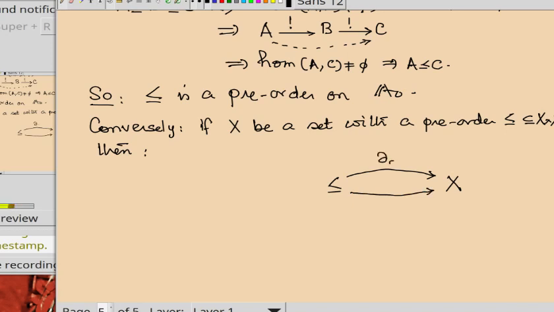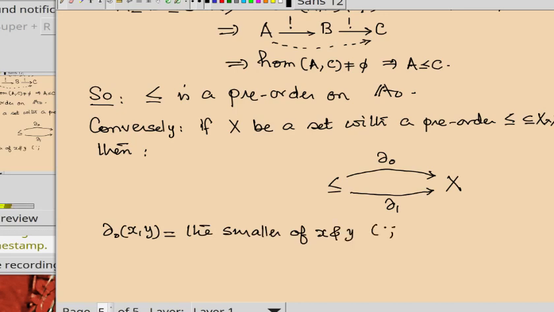So partial 0 of xy is the smaller of x and y, the same as saying x is less than or equal to y, and partial 1 of xy is the larger.